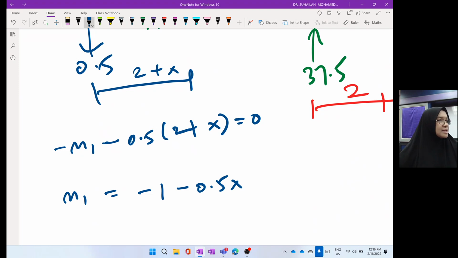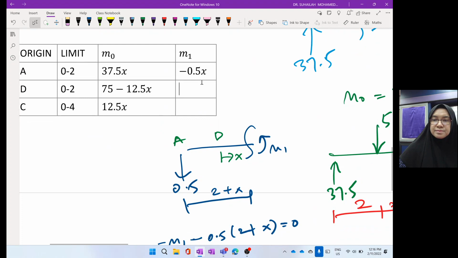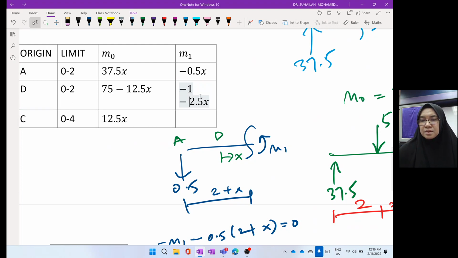Both are negative, right? Okay, both are negative. It is negative 1 minus 0.5x.